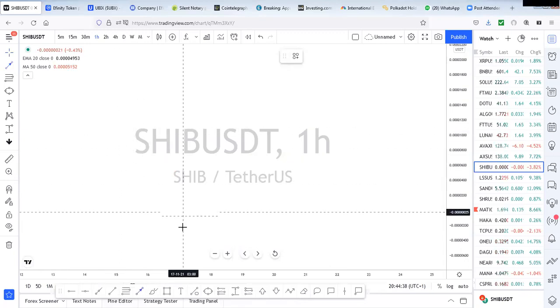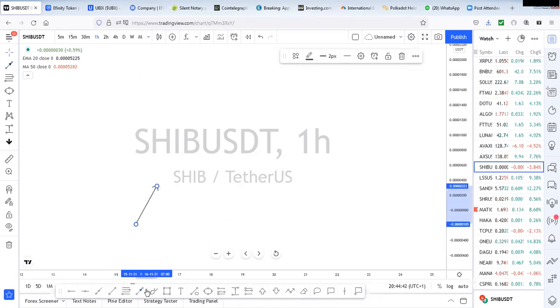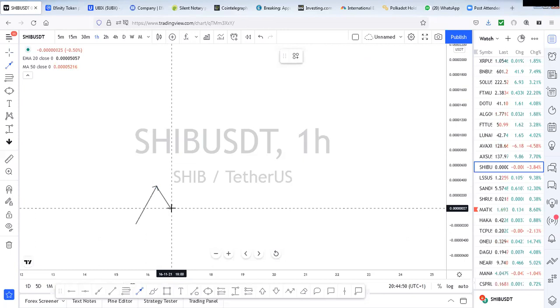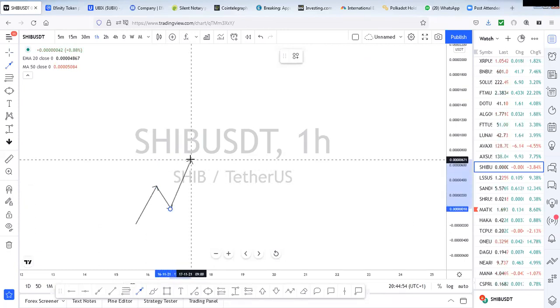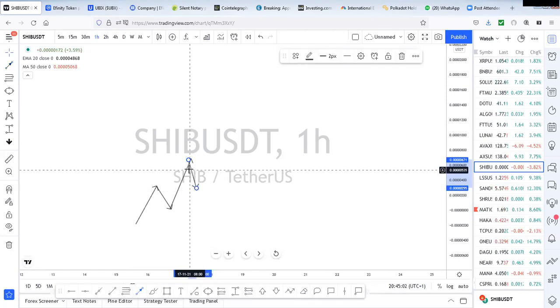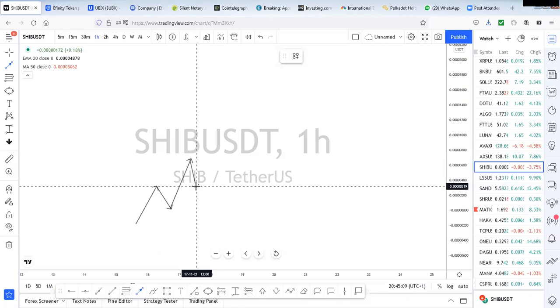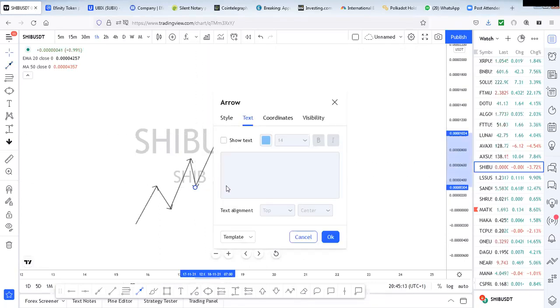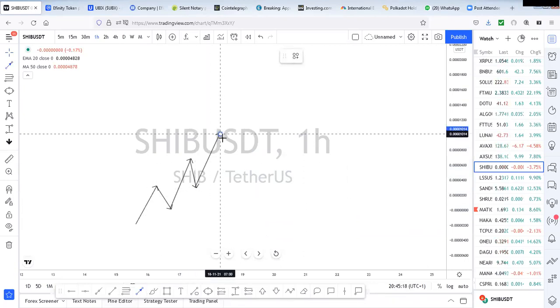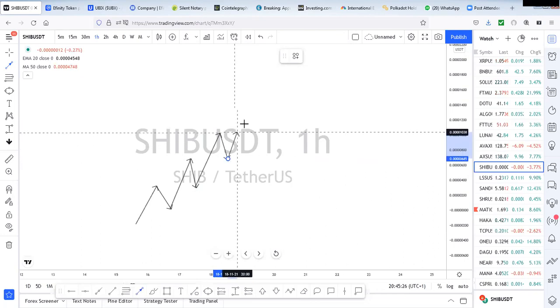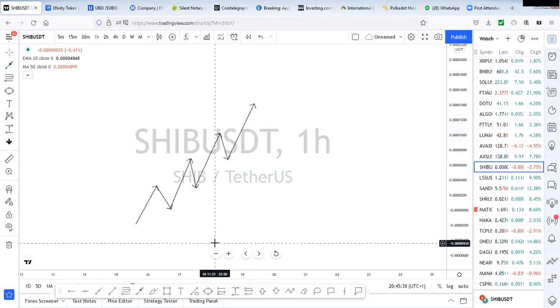So for example, when the market is moving like this, this is a clear example of what?